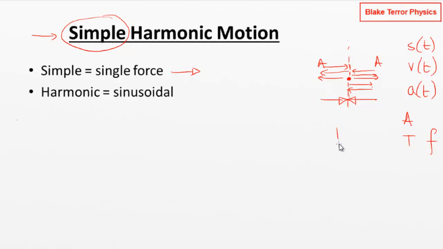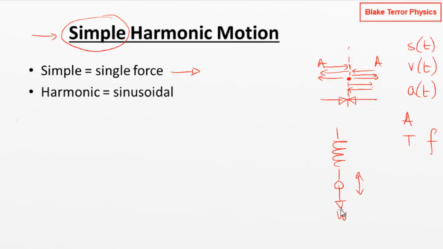Like if you've got a spring with a mass on it, clearly we've got gravity in play here. We've got the weight of the particle acting downwards, but the weight on its own is not causing it to move and oscillate. If you just left it with the weight, it would just hang in an equilibrium position. It's when we offset it that the spring is then causing the oscillating motion.